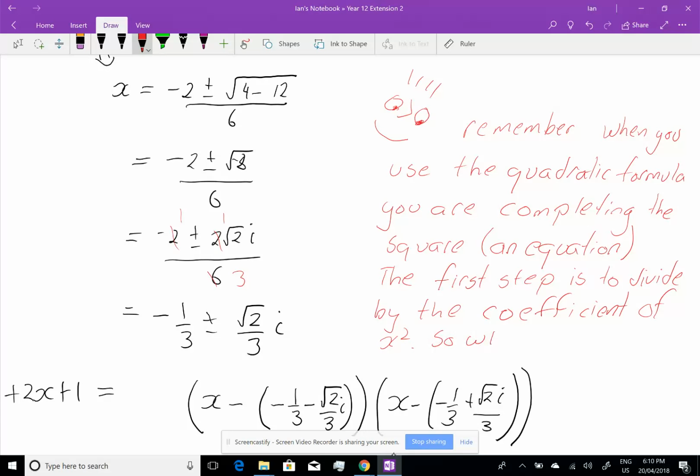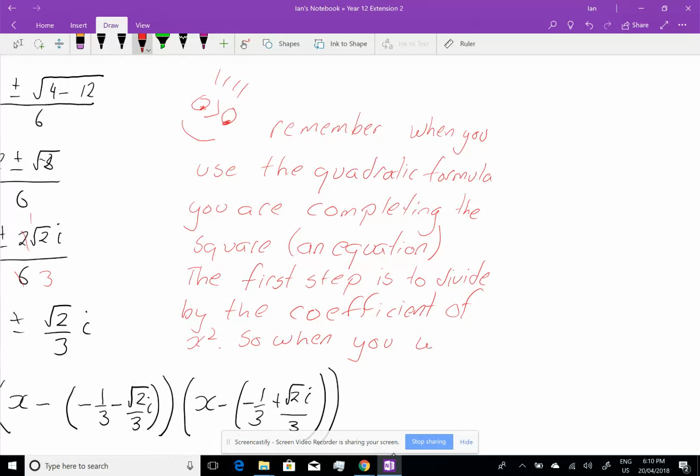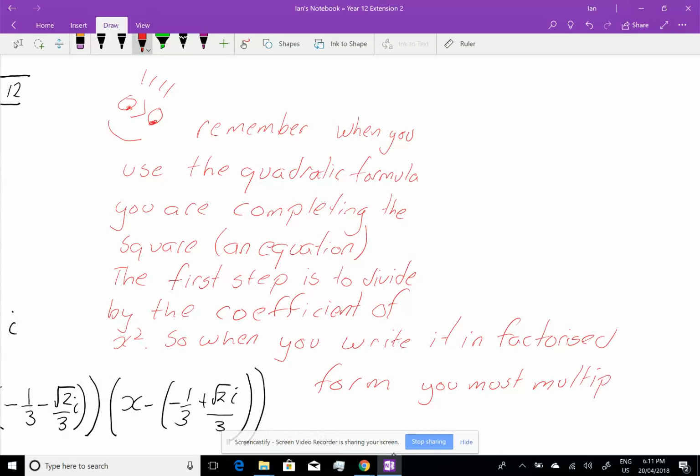So when you factorise, you must multiply by it.